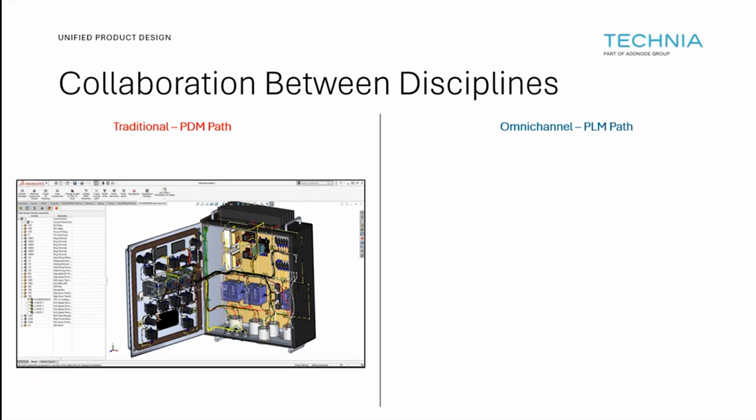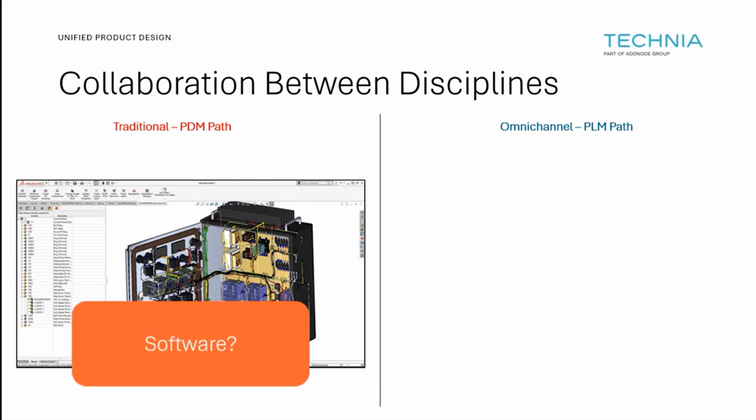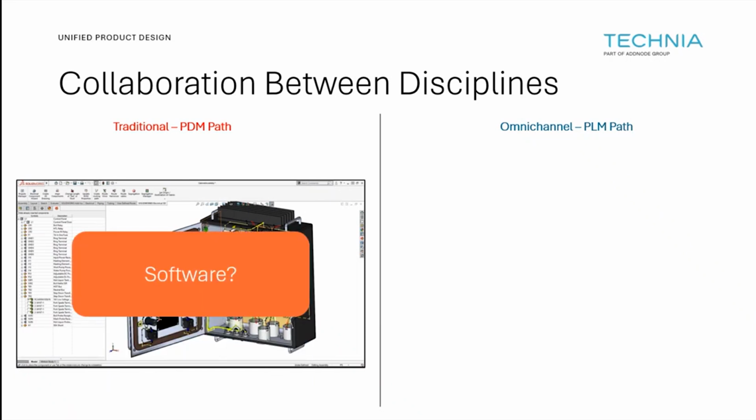However, this PDM approach leaves software designers out of the loop, meaning that they cannot simulate control systems, define interfaces, or develop software against virtual prototypes. Only afterwards can the software engineers step in.